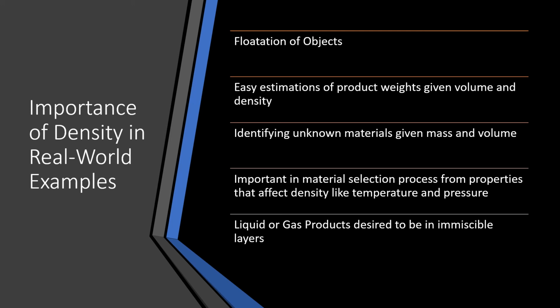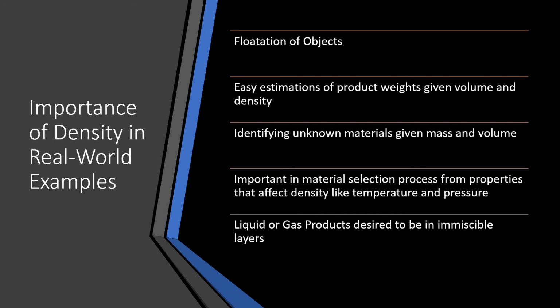Additionally, it gives you easy estimation of products when you're given the volume and density, or 2 of the missing parts from the equation. A cool thing is you can identify a material you're not sure of when you're given a mass and a volume, because you can look at a reference table and see what its density is close to.